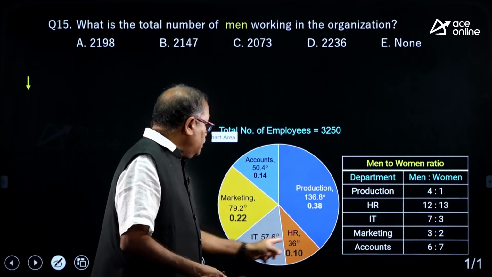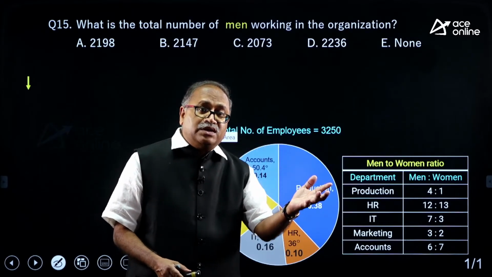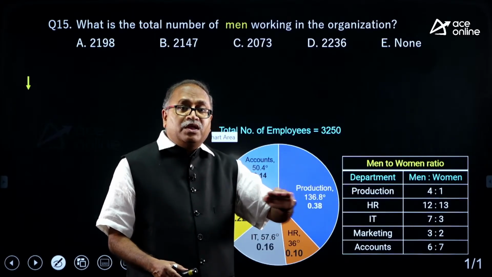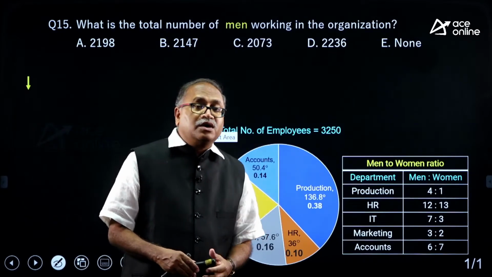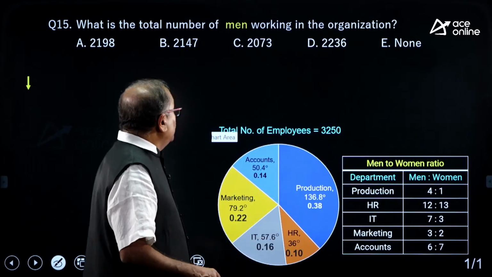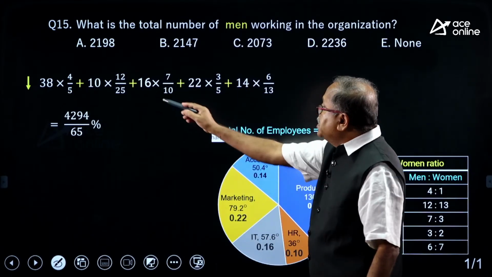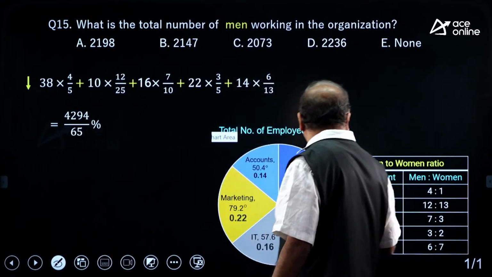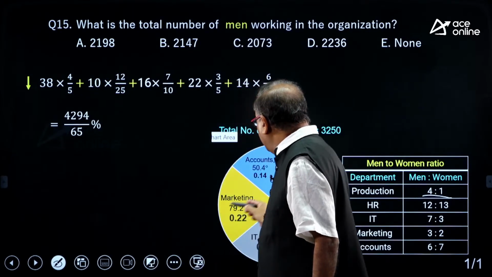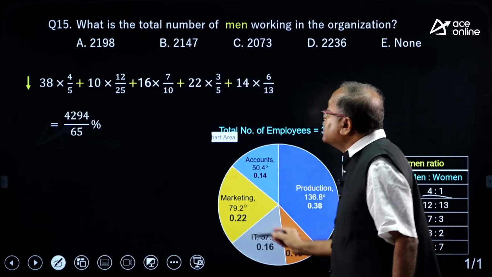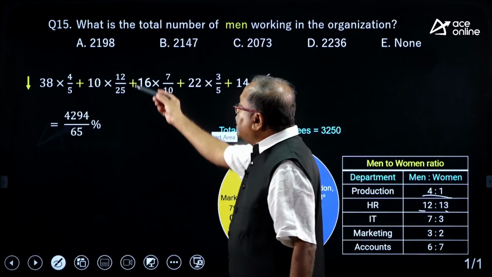Like that there are 4 more departments, 4 more calculations. After that when you add up, then only you are able to get the final calculation. It goes in this way, my dear friend. So, this is 38%, 38% men is 4 parts out of 5 parts, 4 by 5, and the HR is 10%, so 10, and the men is 12 parts out of 25 parts.